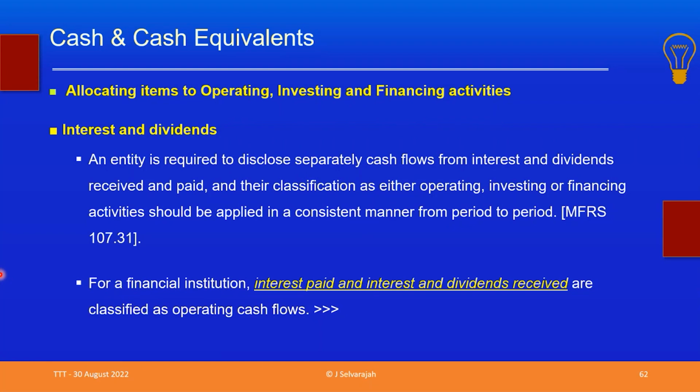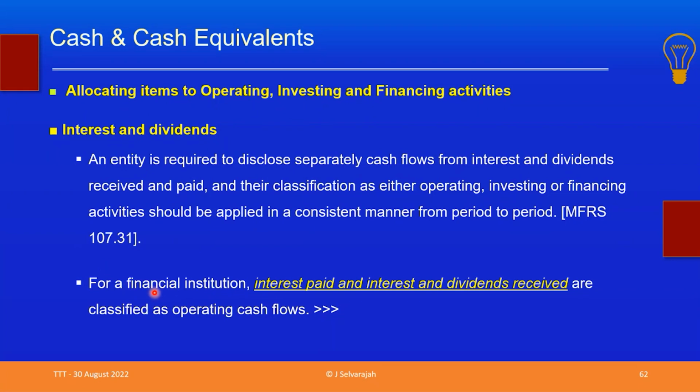You need to understand this; otherwise you ask why the dividends are treated differently. That's because we didn't go deeper. An entity is required to disclose separately cash flow from interest and dividends received and paid, and their classification as operating, investing, or financing should be applied consistently. So don't change. Consistency is one of the elements of financial reporting, and is even reflected in paragraph 31.